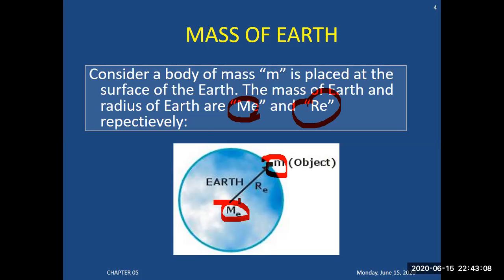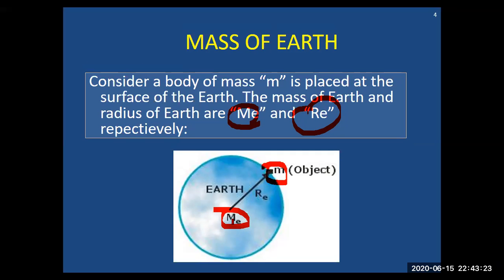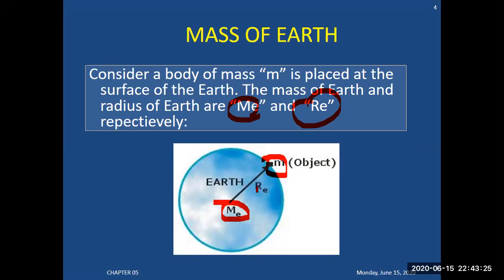Our topic is to calculate the mass of the Earth by using Newton's gravitational law. F is directly proportional to ME times m, the mass of the body, and inversely proportional to the square of the distance between the two, RE.